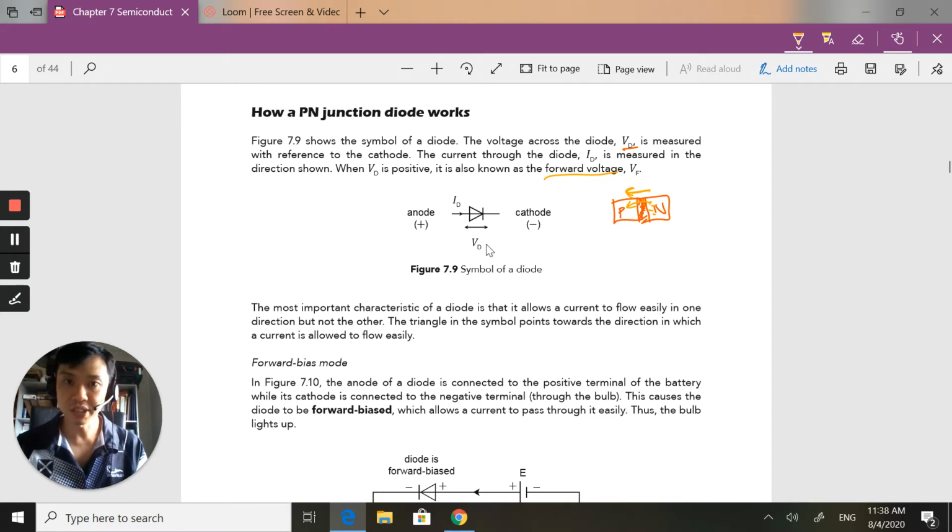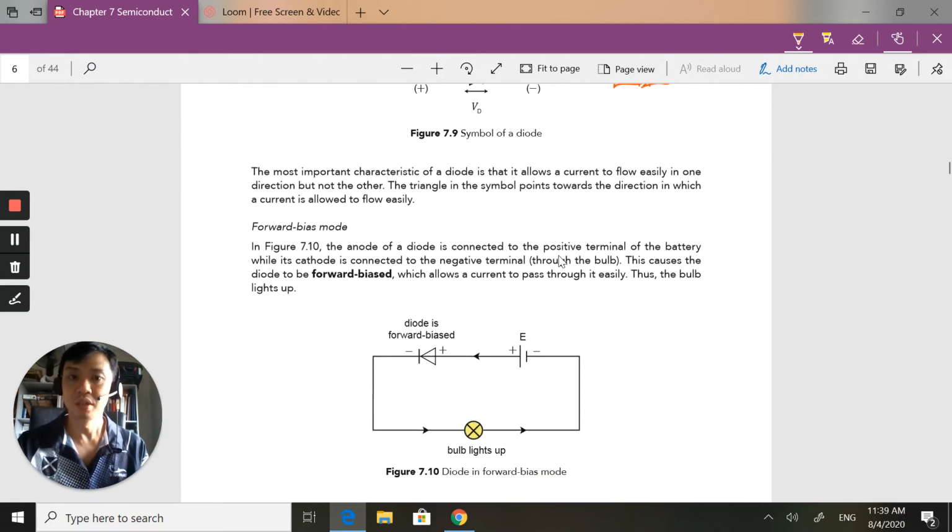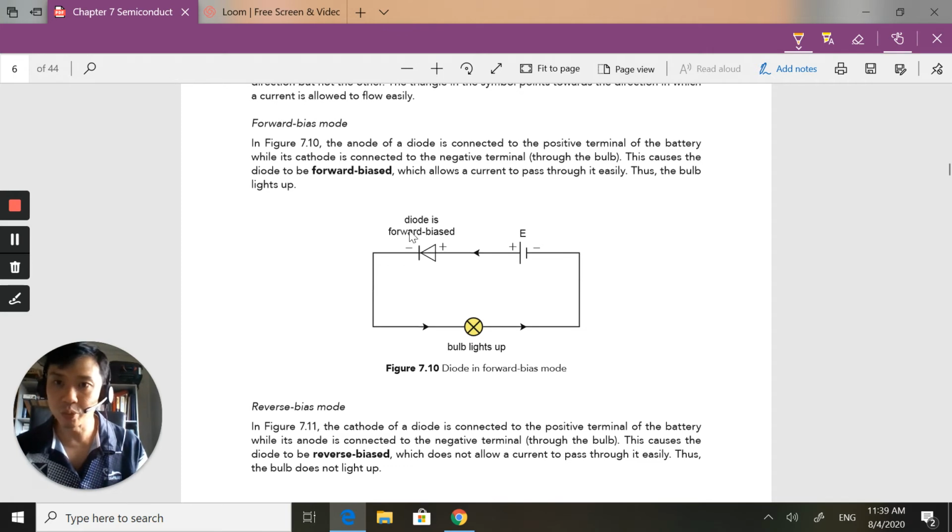Okay, so this is the symbol of a diode. Remember how to draw it? Let's take a look at when the diode is forward biased. That means that the current is able to flow through. So I place my diode in a forward bias arrangement. How I remember it is that the direction of the arrow of the diode follows the direction of the current. So current is able to flow through, and therefore the bulb lights up.